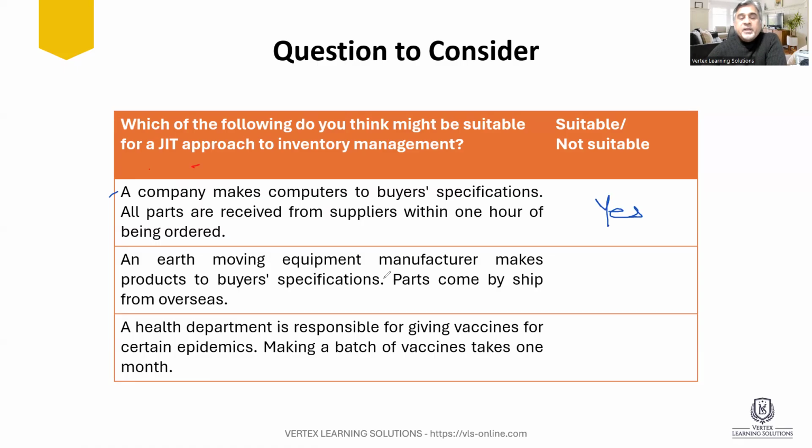An earth moving equipment manufacturer makes products to buyer specification. Parts come by ship from overseas. You cannot implement JIT. A health department is responsible for giving vaccines for certain epidemics. Making a batch of vaccines takes 1 month. JIT is not possible. So that is a very simple scenario we just discussed.